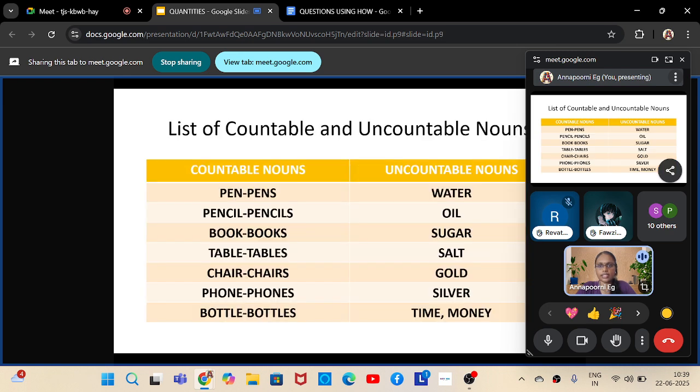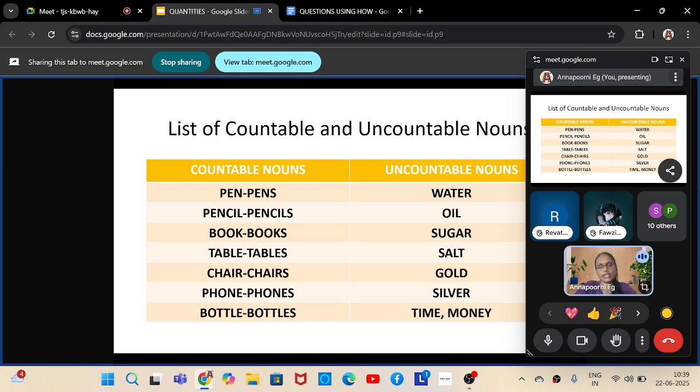So this is a small table showing you the differentiation between countable and uncountable nouns. In the first box, you can see the countable nouns, and in the second part, you can see uncountable. So words like pen, pens, pencil, pencils, book, books, table, tables, then chair, chairs, phone, phones, bottle, bottles, all these are countable nouns.